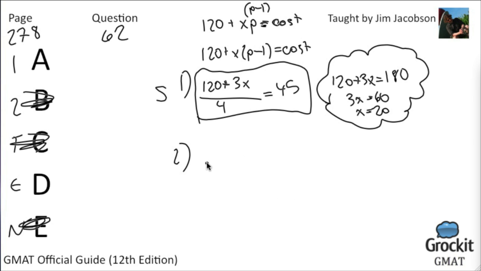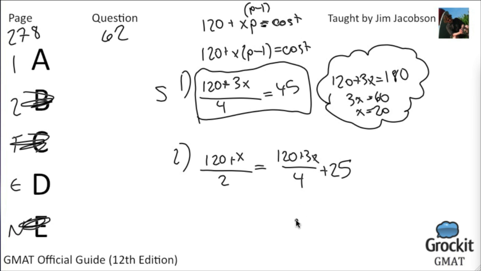So this tells us, the room rate for 2 people is $120 for the first person, plus just that straight up X dollars for the second person, divided by 2, because that's that average rate, and that is $25 more than the cost for 4 people, which is that same fraction that we already used, 120 plus 3x divided by 4, and it's $25 more than that.